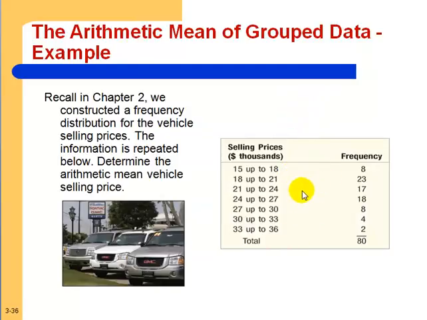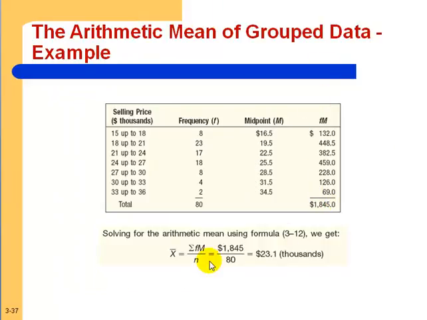This is the frequency distribution, so we find the midpoint for each class, then multiply the midpoint by the frequency. Once we get those products, we add all the products up. After we add them up, we divide by the number of frequencies.